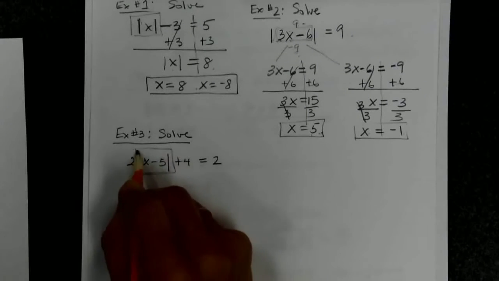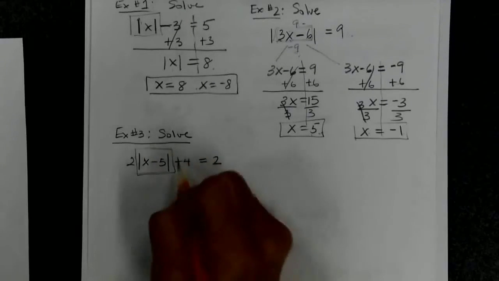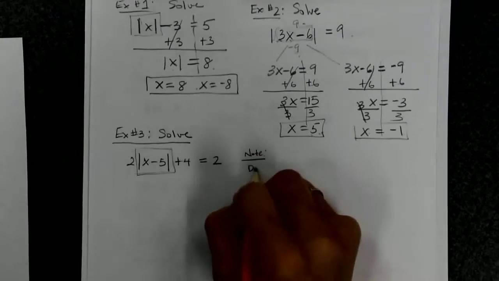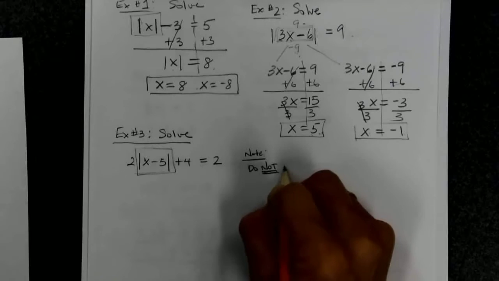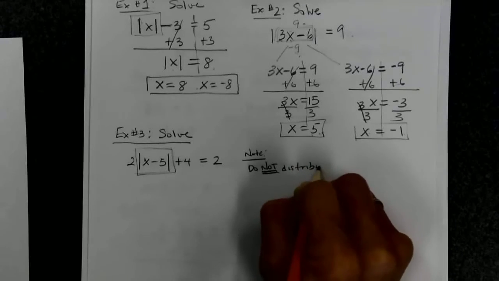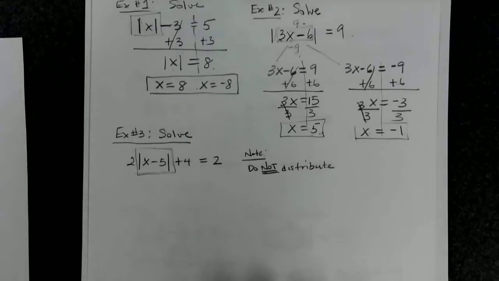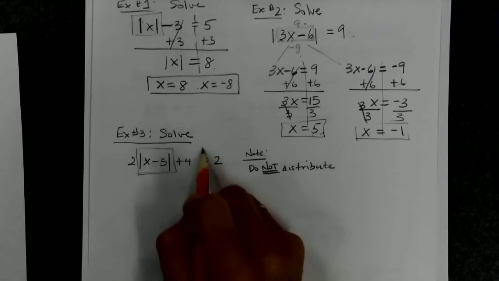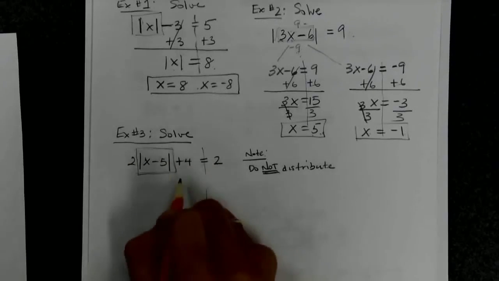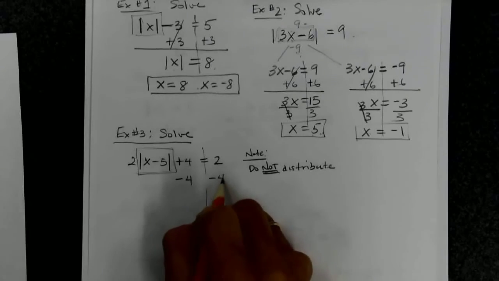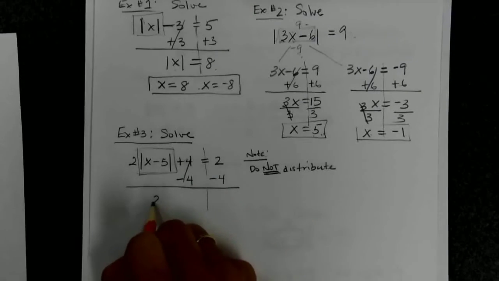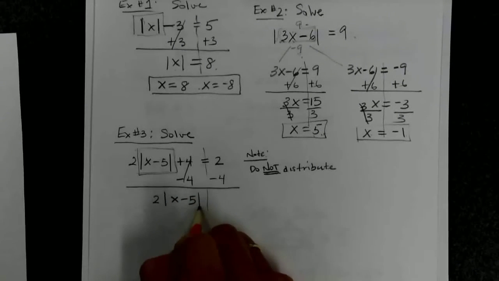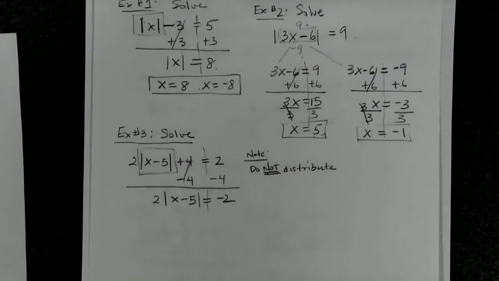I want to get the absolute value of x minus 5 by itself. So note to self, do not distribute. You always want to get the absolute value by itself. So I want to get rid of this 4 first, so I'm going to subtract 4. And now I have 2 times the absolute value of x minus 5 is equal to negative 2.